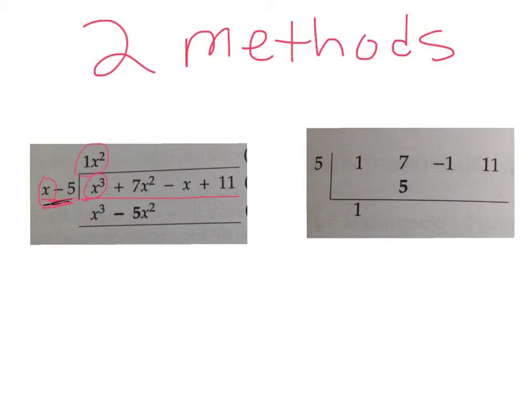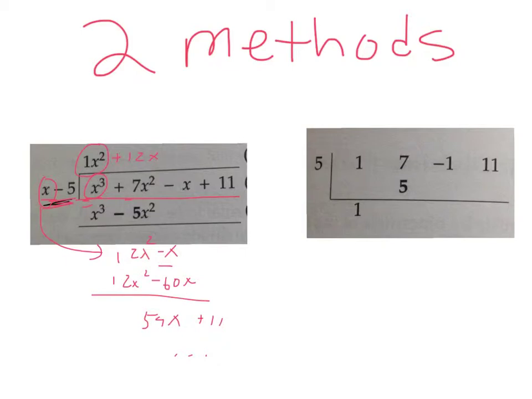So the next term, we'd get 12x squared, and we'd subtract, and we'd say that x goes into 12x squared 12x times. So you get 59x plus 11. Okay, so it would go on as such.